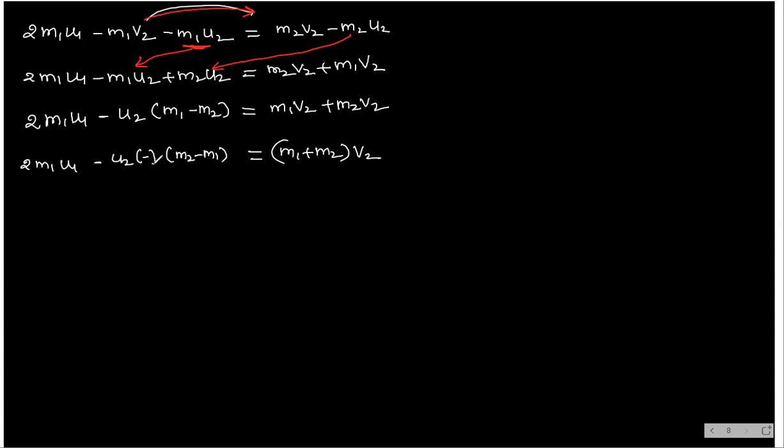Is it okay? Minus common taken and M2 minus M1 taken. Okay, so I will get something like 2 M1 U1 plus U2 into M2 minus M1.